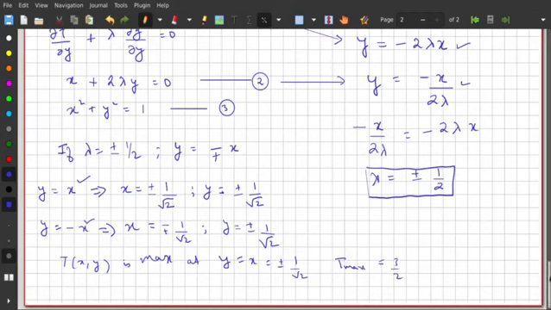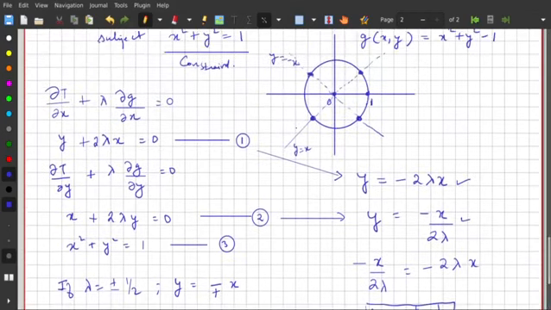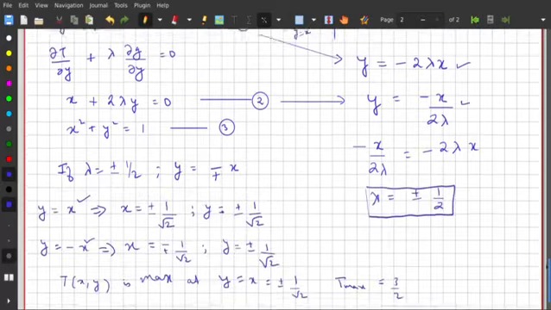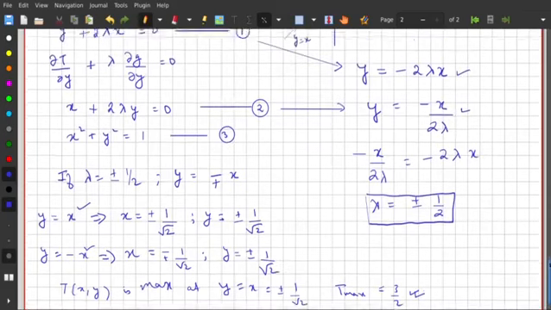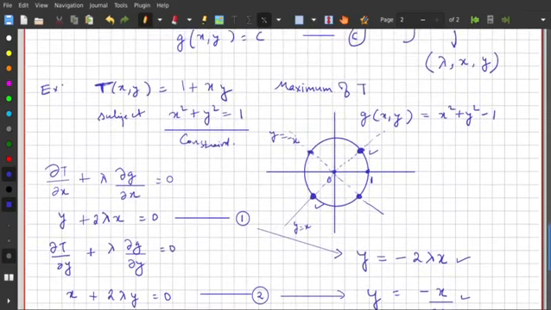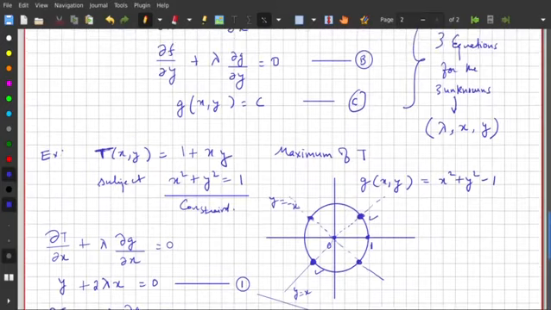So t is maximum on these two points along this line, and the maximum value of t is 3/2. That's an example of an optimization problem where we extremized the function t subject to a given constraint.